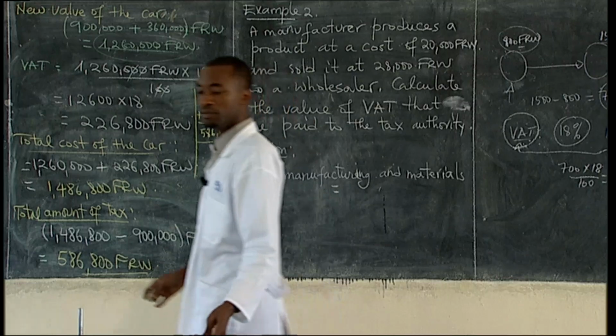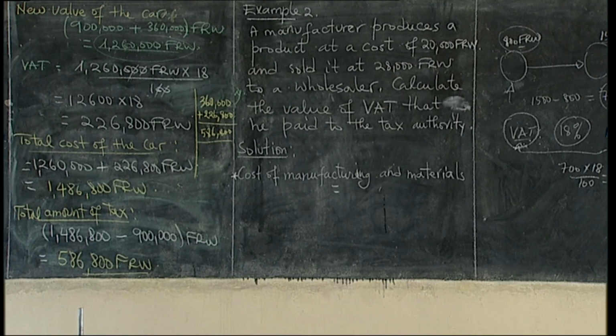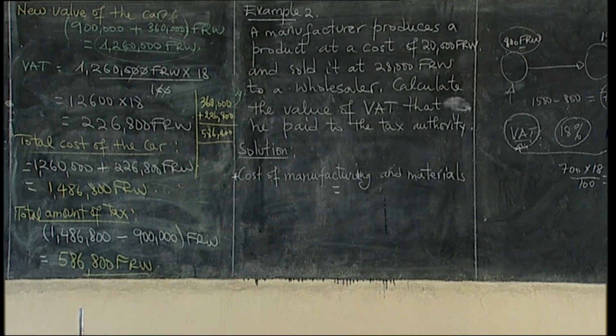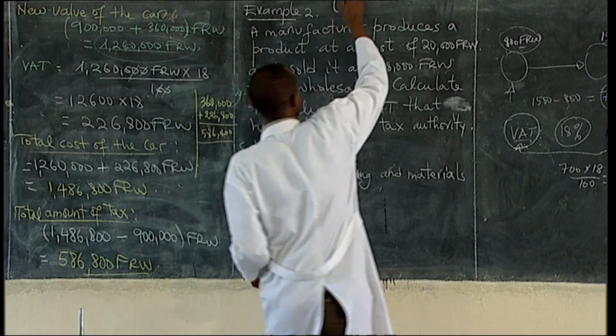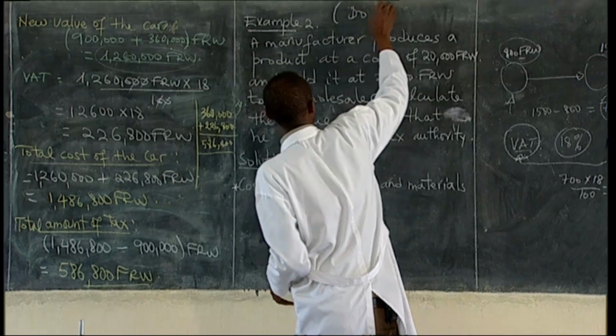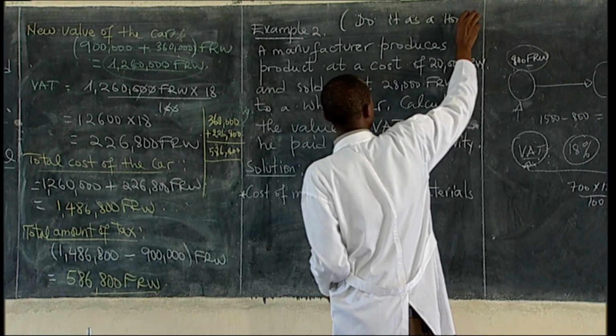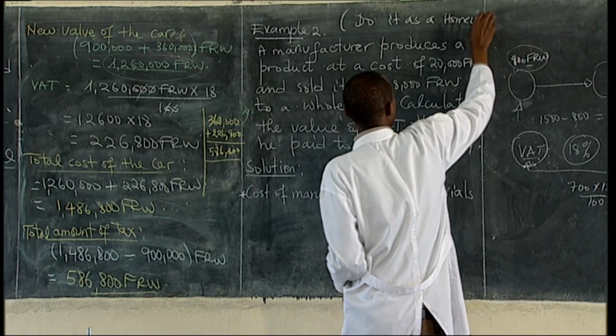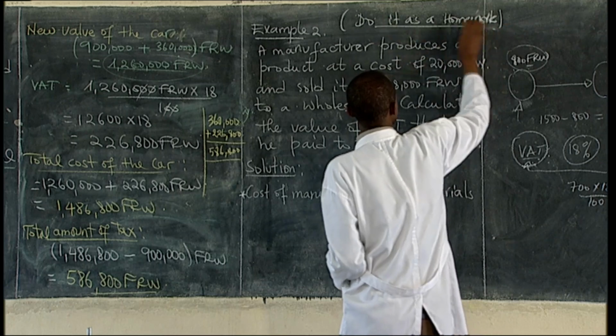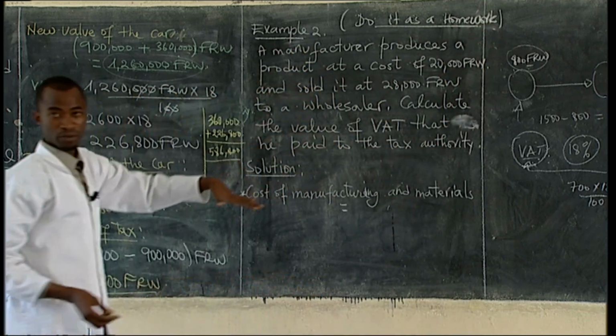So students, now I can leave you with the other example. You can do it as a task, just do it as homework. I want to use this second example as homework because of time.